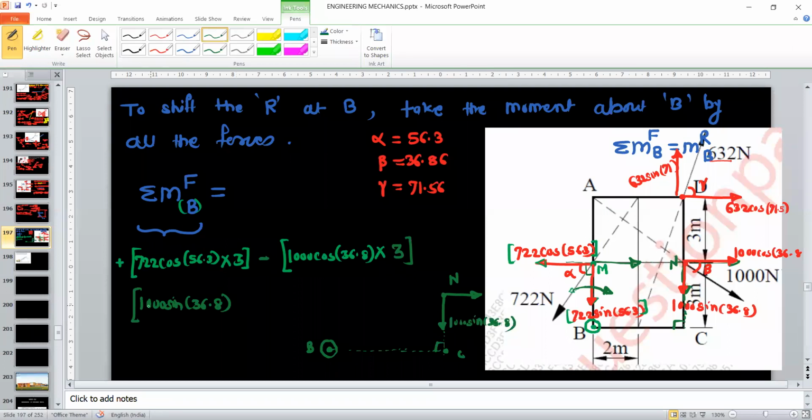So 1000 sine 36.8 is the force, into the distance, which is 2 plus 2, so this is 4 meter. Now what is the direction of moment by this component about the point B? This moment will be clockwise. This component will try to rotate the complete system in the clockwise direction about the point B.